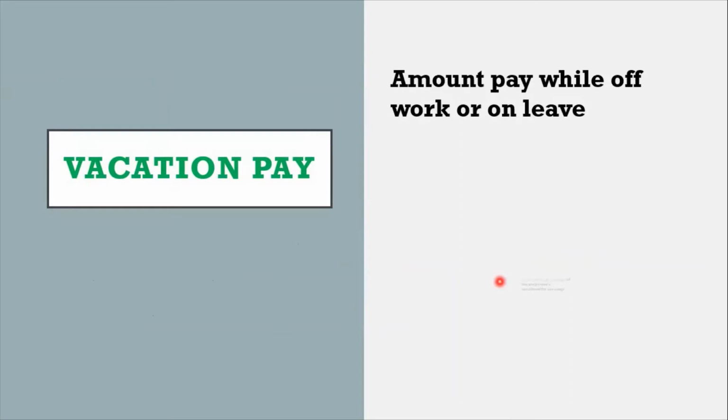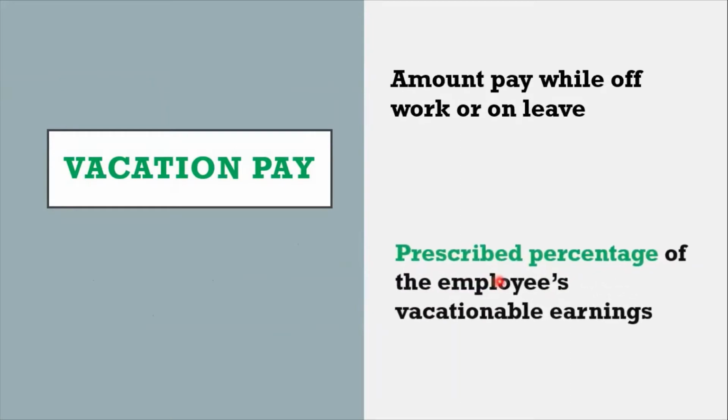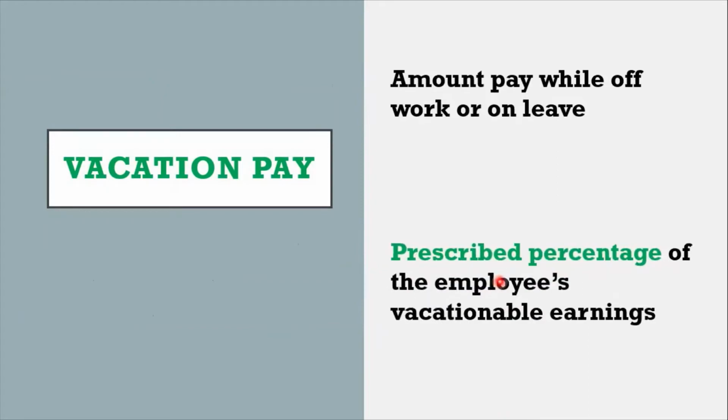When you're not working, you still get that payment while you are away. So it's the prescribed percentage of the employee's vacation earnings. Vacation earnings are the amount that you make that year without going anywhere. Every day you wake up and you go and work.